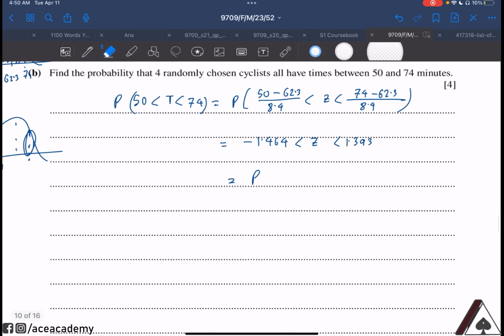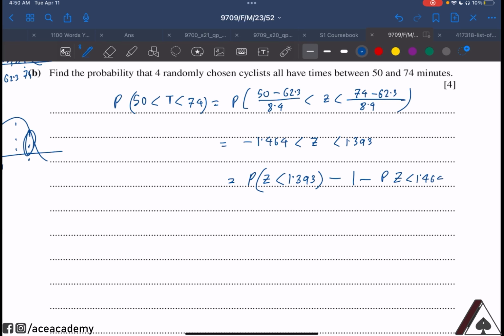So probability of z is less than 1.393 minus 1 minus probability of z is less than 1.464.